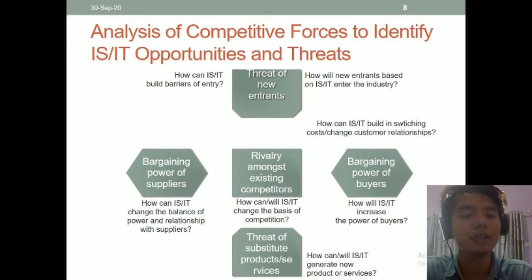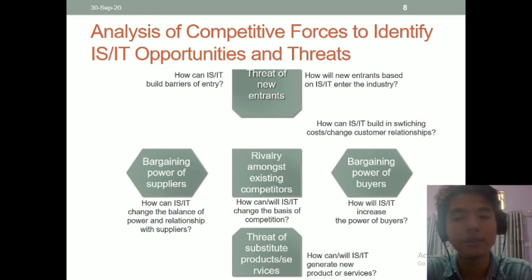And this is analysis of competitive forces to identify IS opportunities and threats. The threat of new entrants: how can ISIT build barriers to entry, and how will new entrants based on ISIT enter the industry?